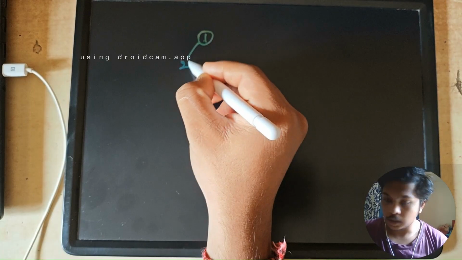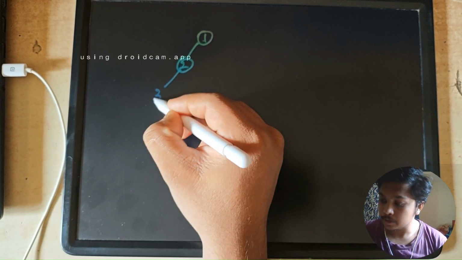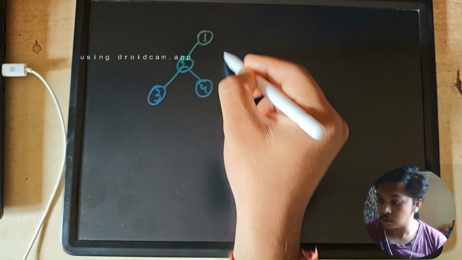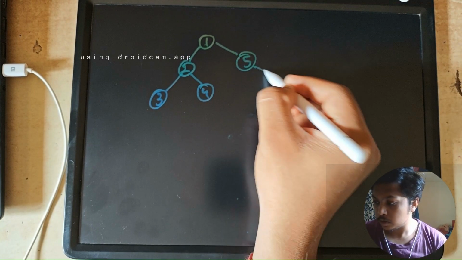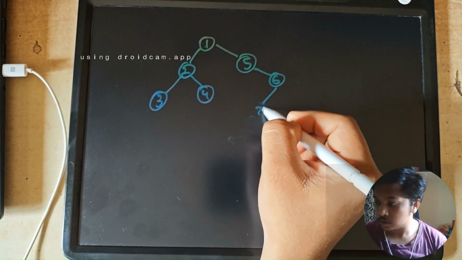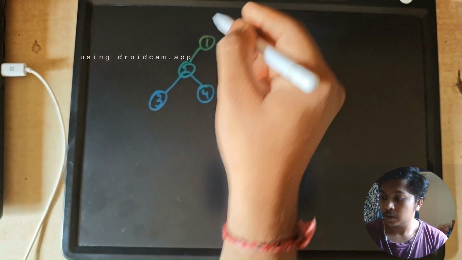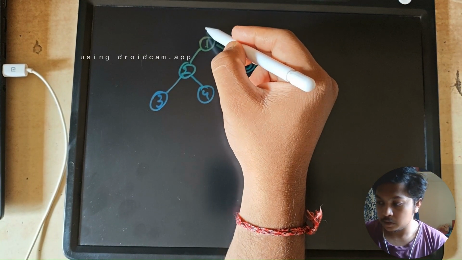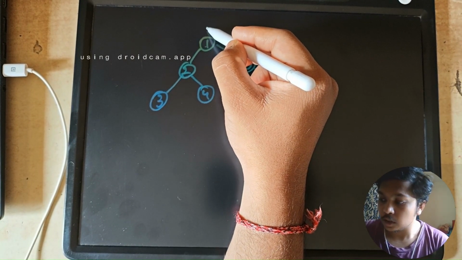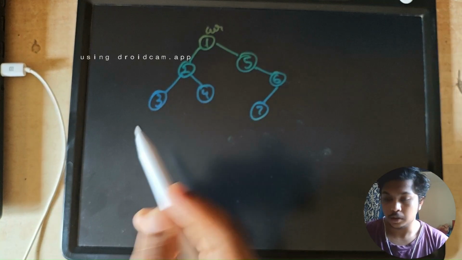For example, we have something like this, with nodes 5, 6, and 7. Now the algorithm starts, as you know from Morris Traversal, with current at the root.